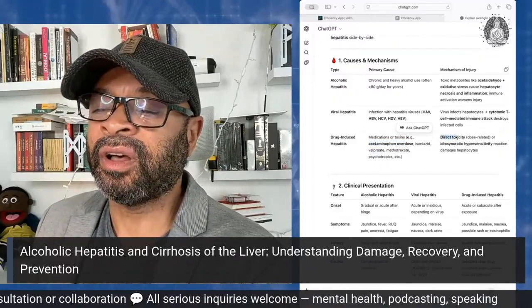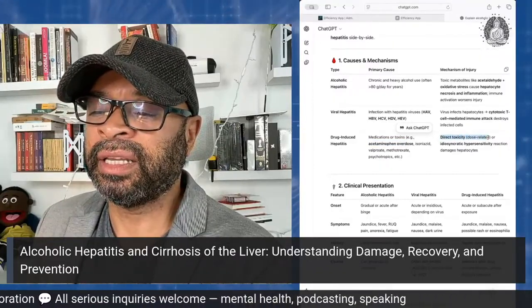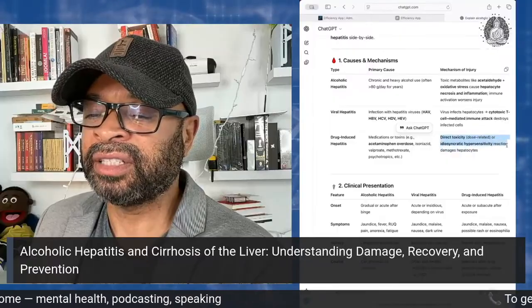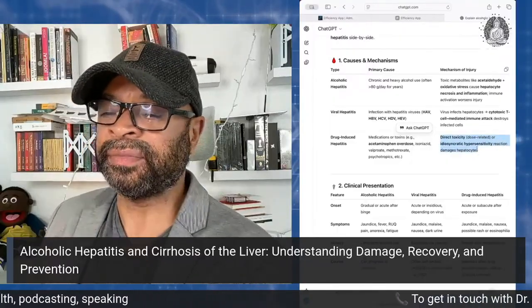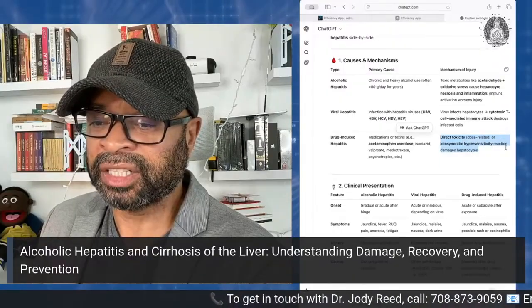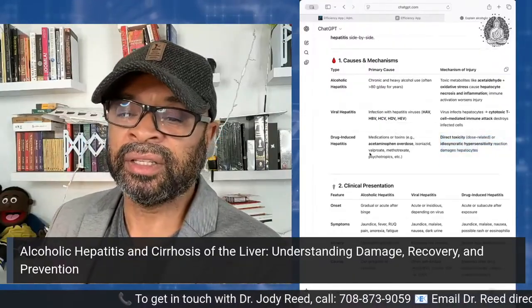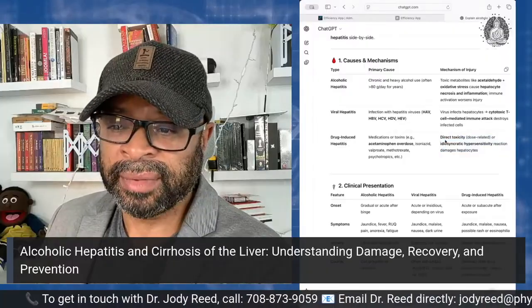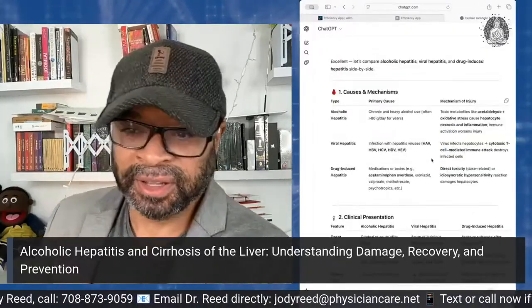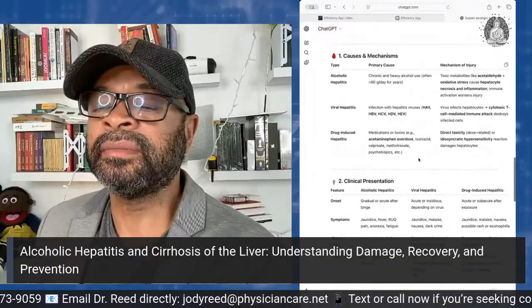This is called direct toxicity, meaning dose-related, or idiosyncratic hypersensitivity reaction damage to the hepatocyte. And so the drugs damage the cells directly. Okay, it's interesting to know the difference between them.